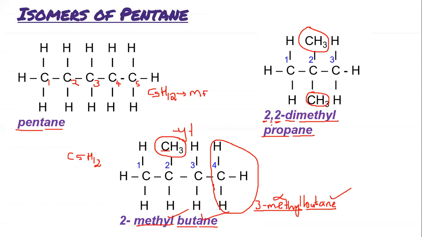So what is the comma for? It's actually an IUPAC rule that between a number and a number, you have to put a comma. So I have a 2 for that substituent, and I have a 2 for this substituent. So between a number and a number, I have to put a comma.